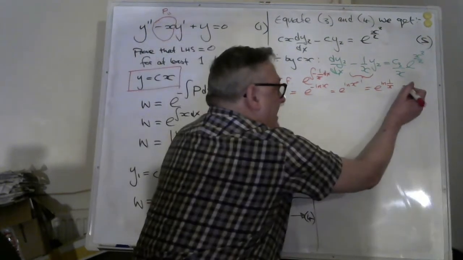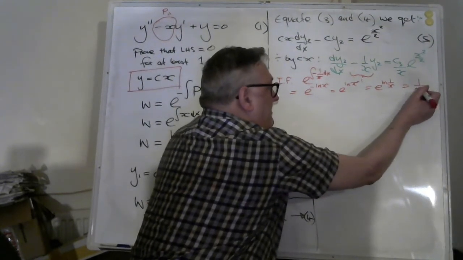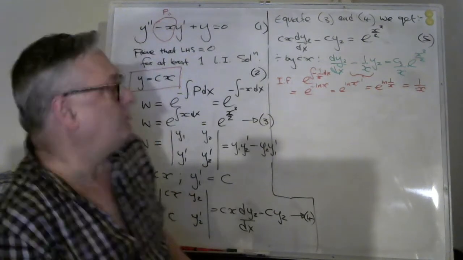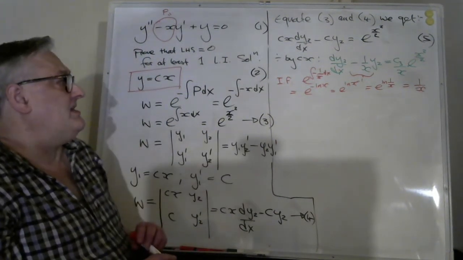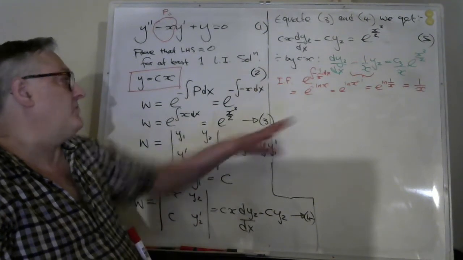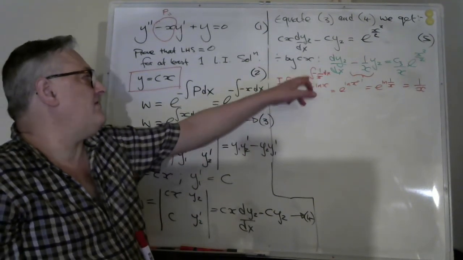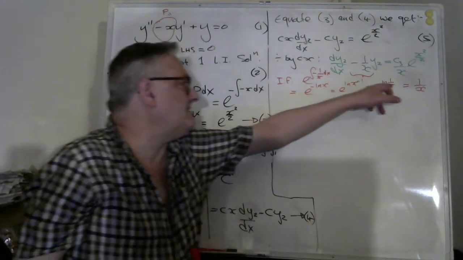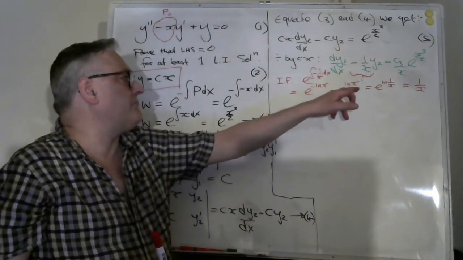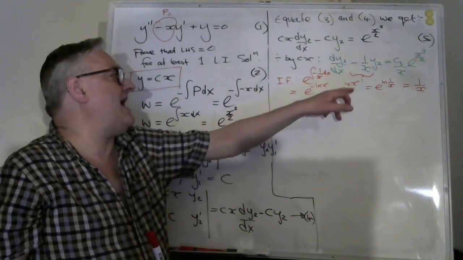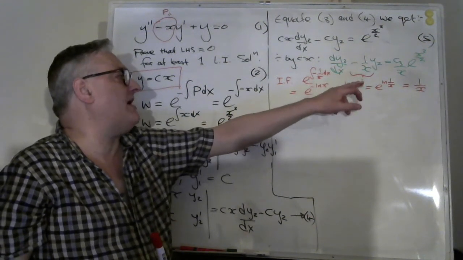So that would be equal to just 1 over x, right? So the integrating factor is 1 over x. And we've sort of got rid of the minus sign by using this algebra. Instead of having an integrating factor of x, we've actually got an integrating factor of 1 over x.